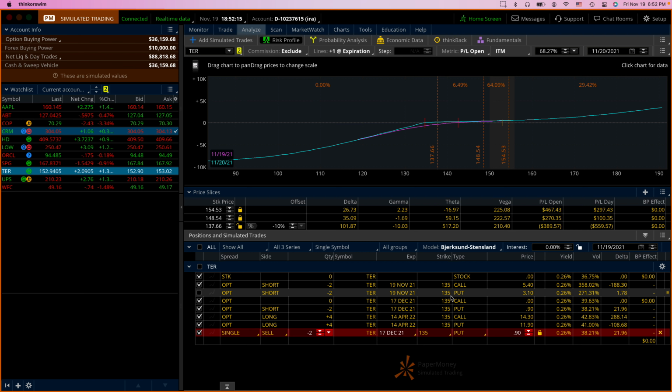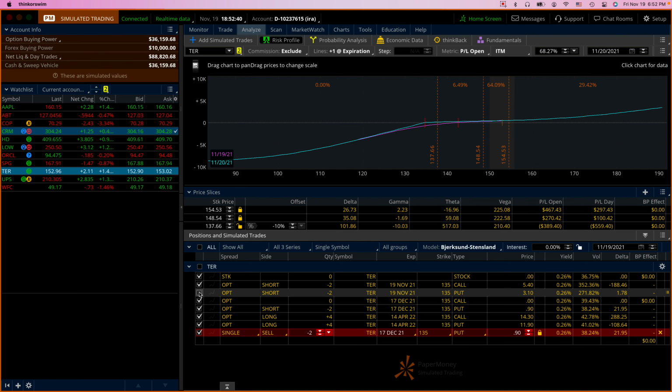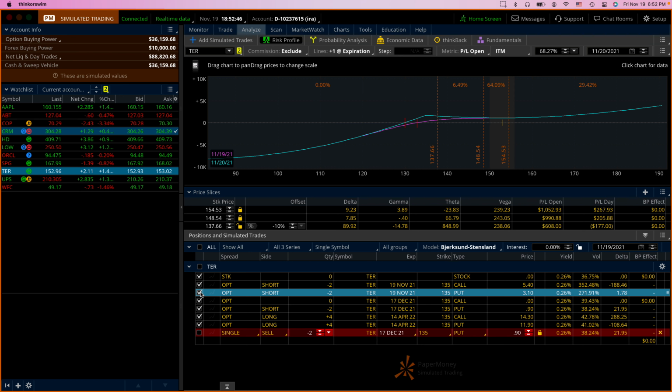November the 19th, I have this put at 135, which is due to expire in just a couple of hours. So selling new puts without closing that means I'm assuming that it will remain above 135 before the closing, and so these puts will expire worthless. So this is what it looks like now, but this put will expire, and this is what the resulting trade would look like.